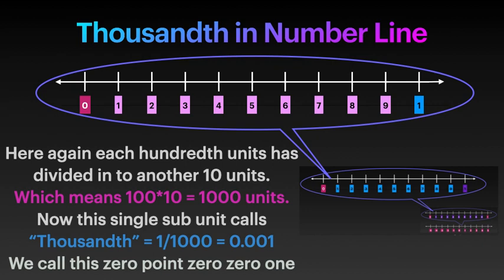Now what we are going to do is divide one of those 100 into another 10 subunits. Now 10 times 10 times 10 equals 1000. Now the main unit has been divided into 1000 subunits. This can be written as 1 by 1000. This means we have to divide 1 by 1000. 1 by 1000 equals 0.001. Here we go. We learned thousandths.